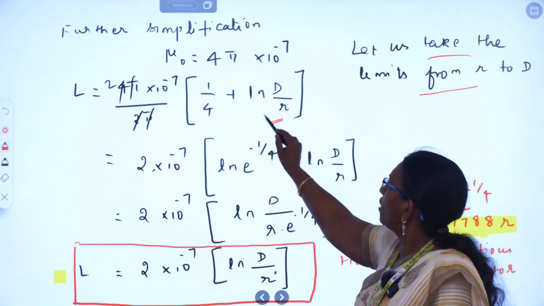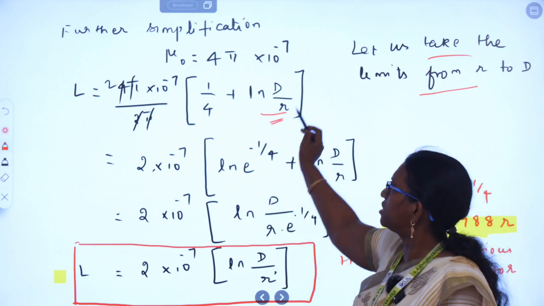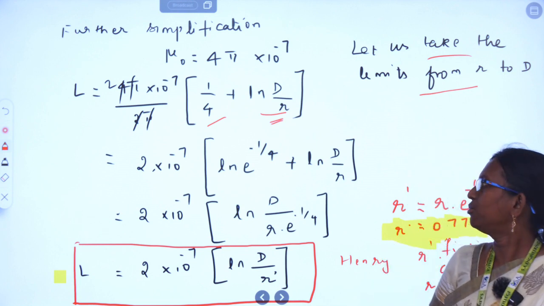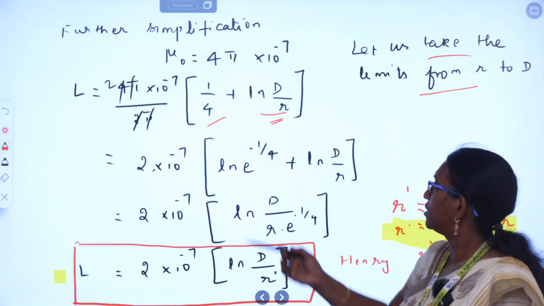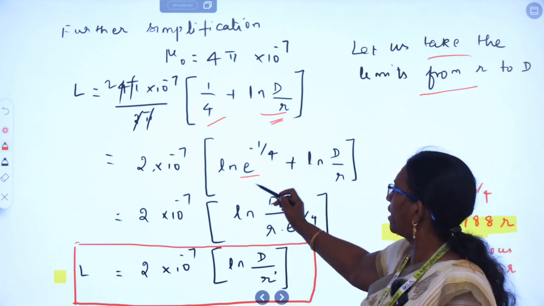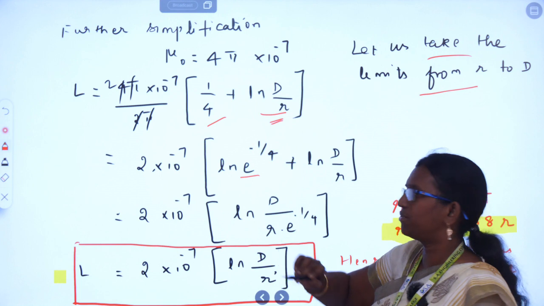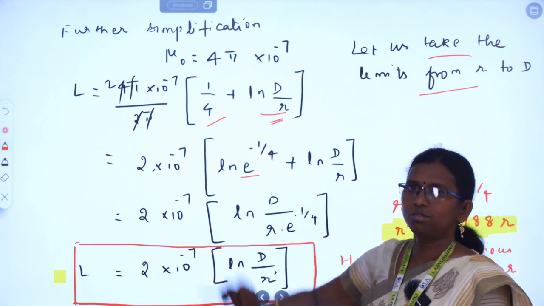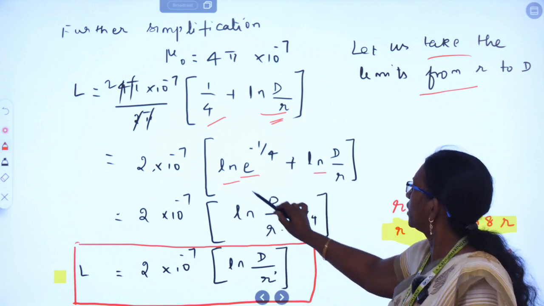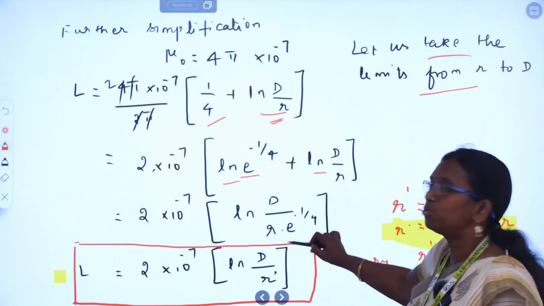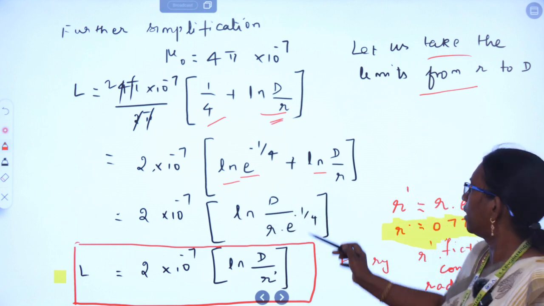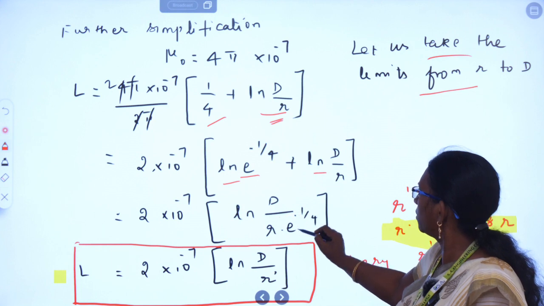Now after cancelling out the terms, we are going to get 1 by 4. Since we have an ln term in the second part of this equation and here we have a constant, I am going to change this constant with respect to the ln. So I can take 1 by 4 as ln e power minus 1 by 4, which is equivalent to the constant 1 by 4. Then simplifying, the ln terms can be taken together, and this can be taken to the denominator, ln d divided by r into e power minus 1 by 4.